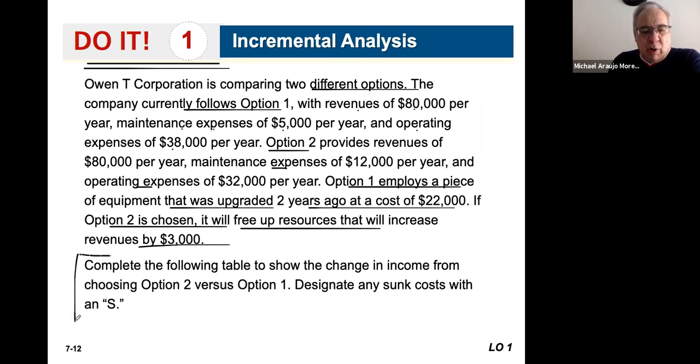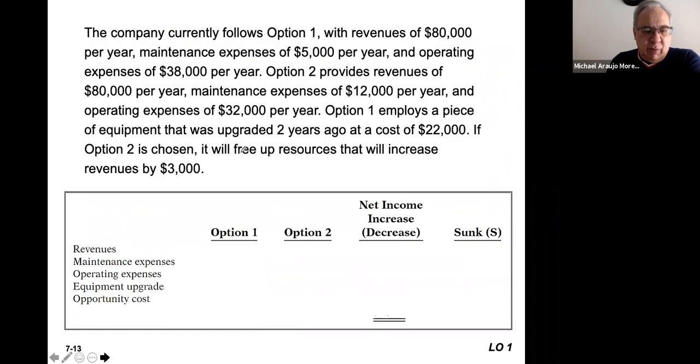So what we're going to be learning about is how to do one of those tables. What's the difference between option one and option two? And make sure we understand that there will be a sunk cost in all of this. So let's take a look at what we're thinking here.